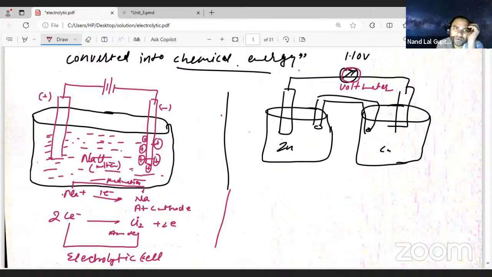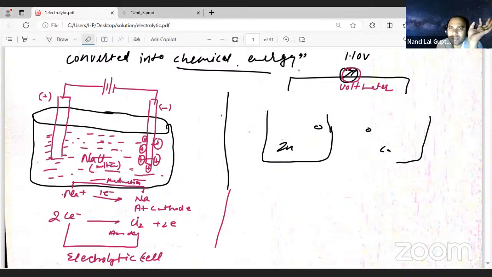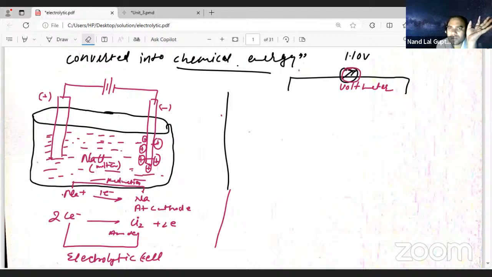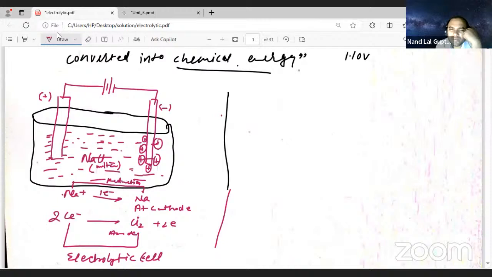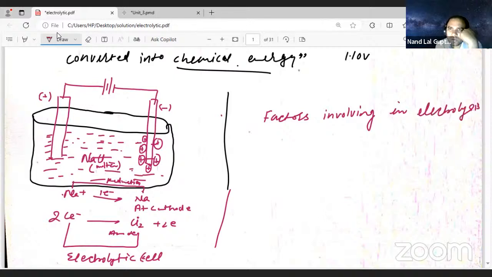Now the important thing: when you are doing the electrolysis process, you need to know what factors are involved in electrolysis. The first factor is resistance.